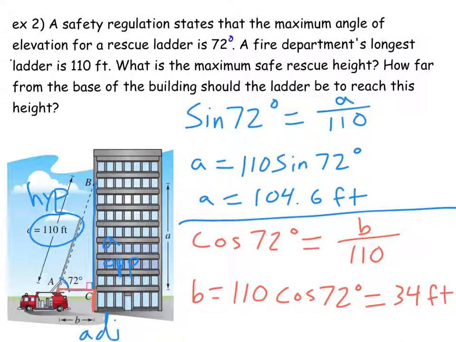And that comes out to be 34 feet. So within all these safety regulations that we have, that's how high the ladder can get, 104.6 feet. And to achieve this, it's fairly important that the truck is parked no closer than right around 34 feet from the base of the building.